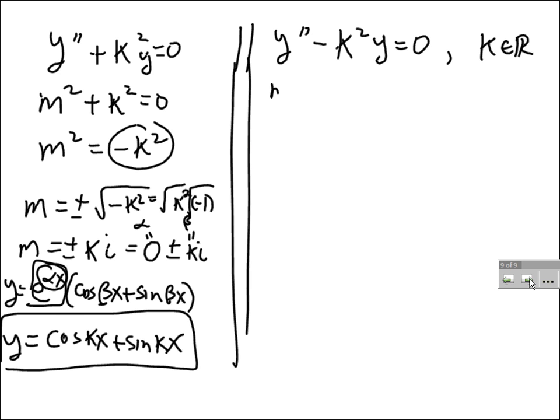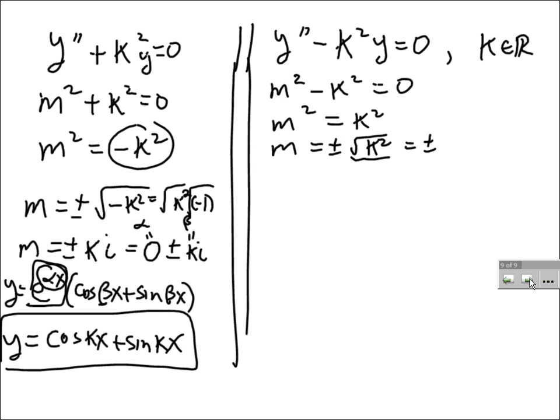The auxiliary equation will be m squared minus k squared is 0. So m squared must be k squared. So m is plus or minus the square root of k squared. There's my plus or minus, and I know the square root of k squared is k.